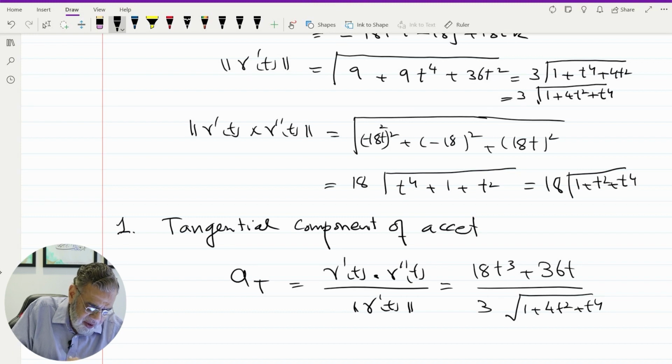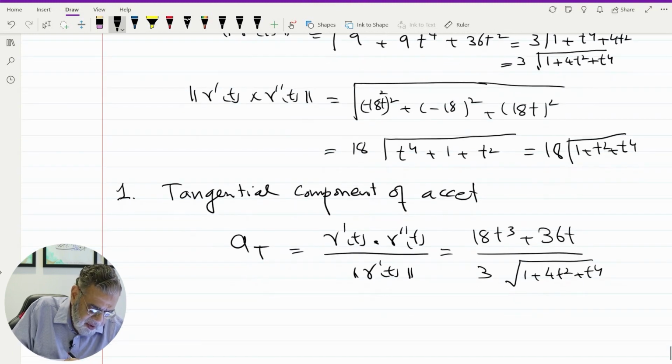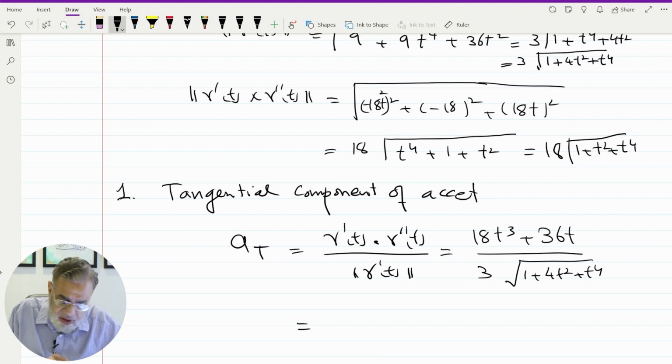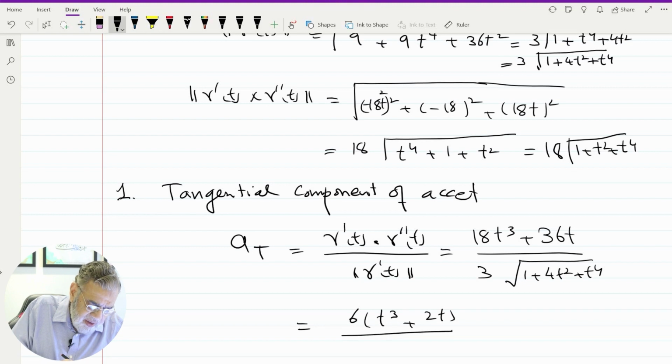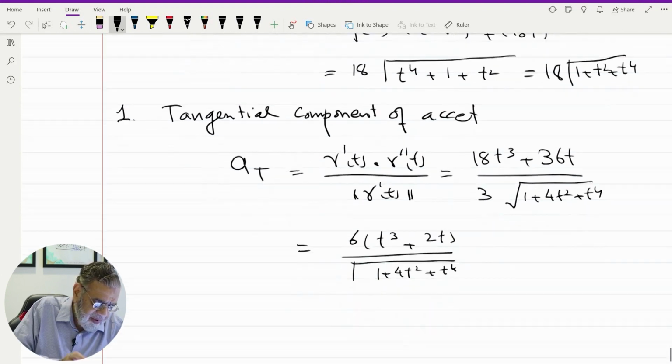We can simplify this one, take 18 common, and we get 6 outside, and t cube plus 2t over, 3 is cancelled with this 18, and this becomes 6, and under root sign of 1 plus 4t square plus t to power 4. This is my result for the tangential component.